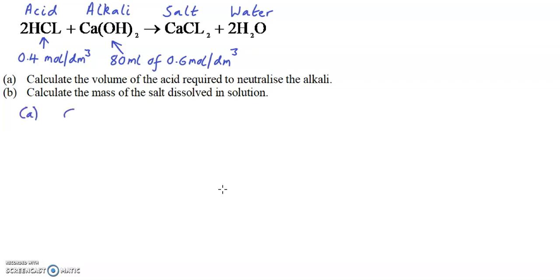we need to use the equation concentration C equals N, the number of moles, over the volume, and then rearrange this to make N the subject, so the number of moles is given by the concentration times the volume. Therefore, the number of moles of the alkali present equals its concentration of 0.6 times its volume in decimeters cubed.